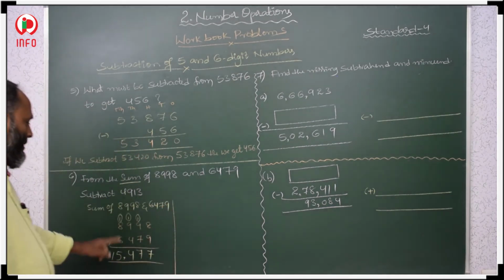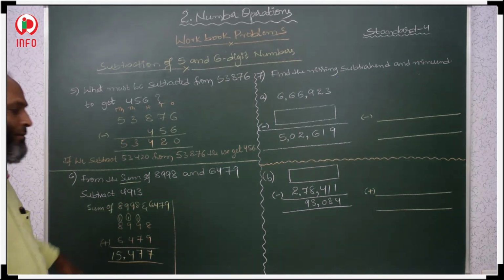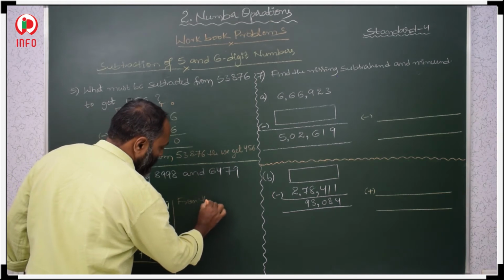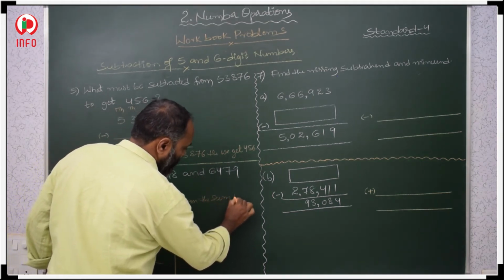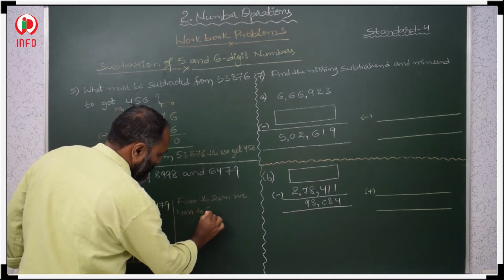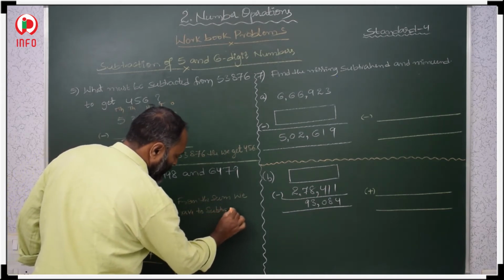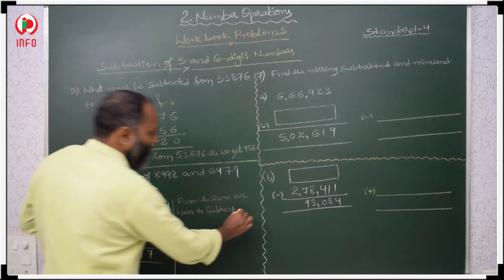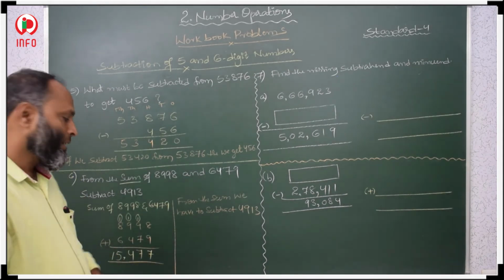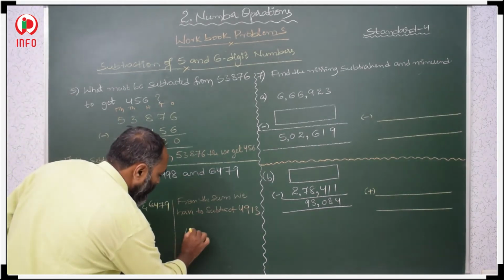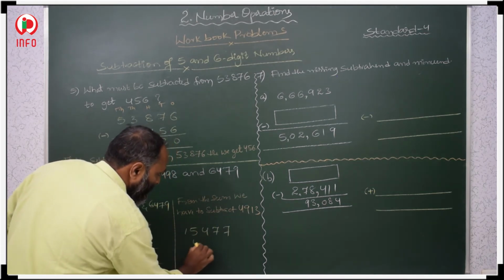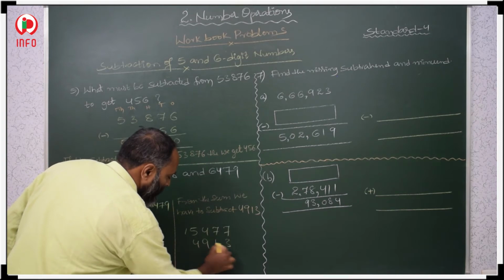From the sum we have to subtract 4,913. What is the sum? 15,477, and 4,913.